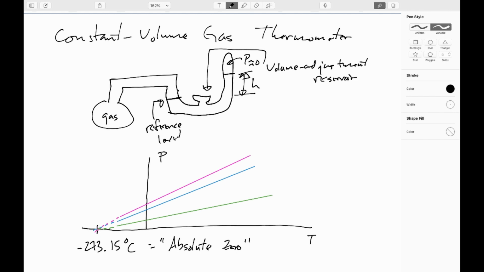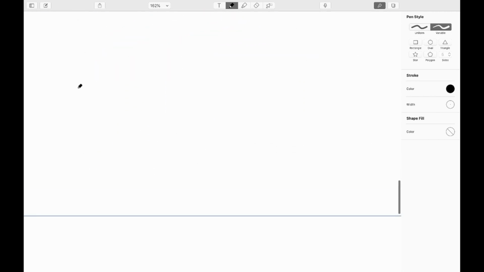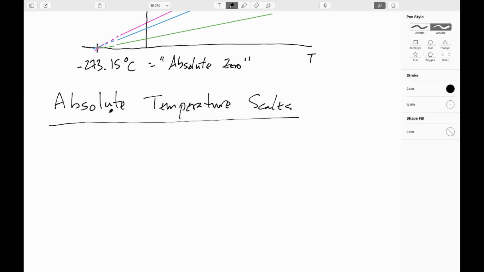So what this does is this gives rise to what are called absolute temperature scales. Since there's a lowest possible temperature, an absolute temperature scale, what you do is you just decide that that lowest possible temperature is 0.